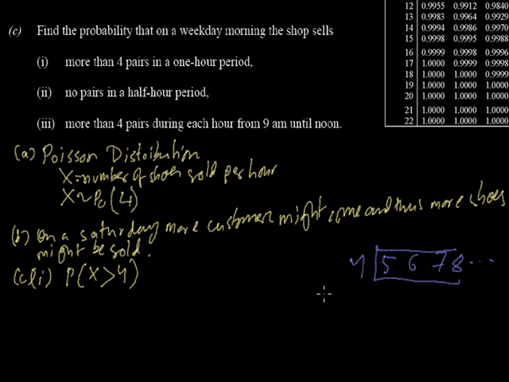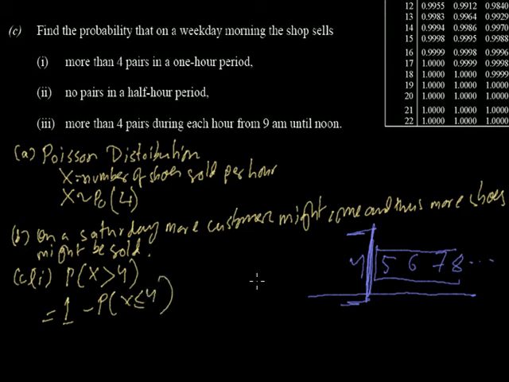So if we take the whole thing and we remove this portion, then we will get 5, 6, 7, 8 and so on. So x more than 4 can be written as the total probability is 100%, so we can write 1 minus probability of x is less than or equal to 4.